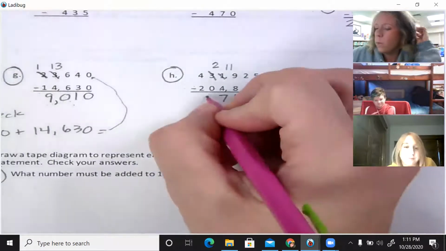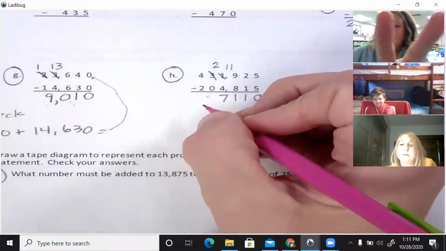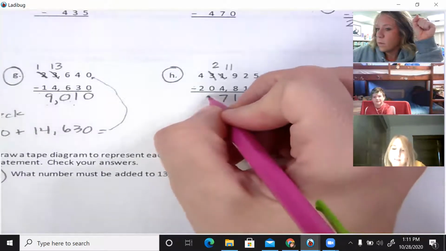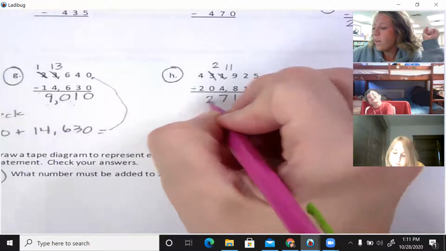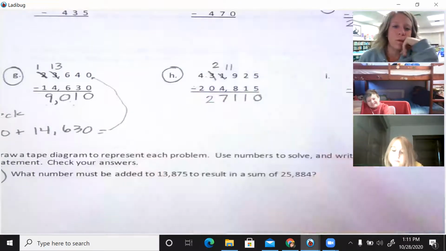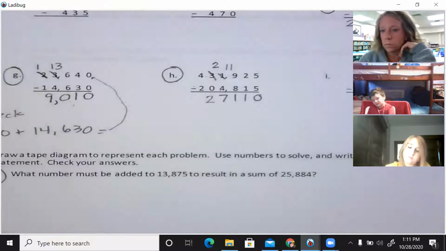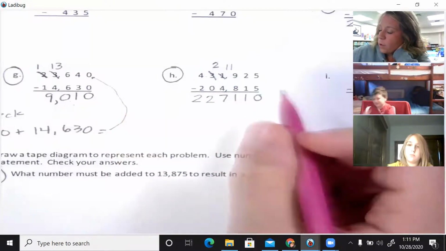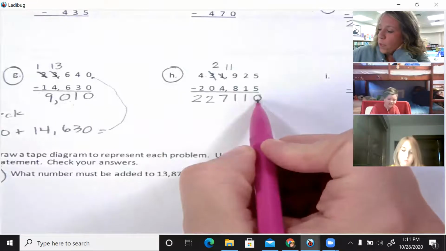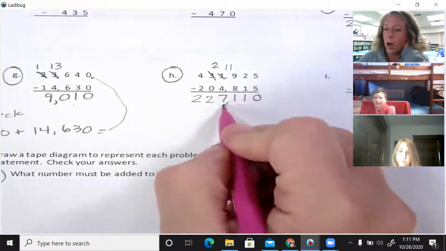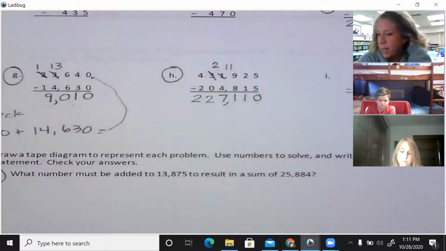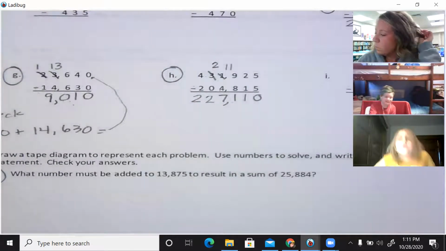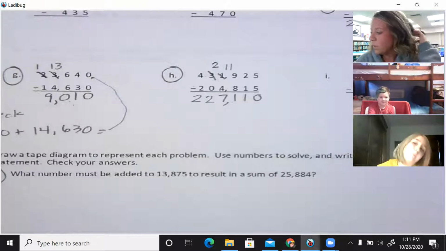If I have 2 and I take away nothing, 2. There we go. And then 4 minus 2 equals 2. Then I'm going to count 1, 2, 3 places, add my comma. What is my final answer, Sophia, for letter H? 227,110. Very good.